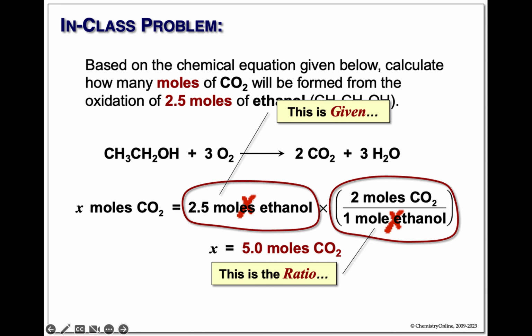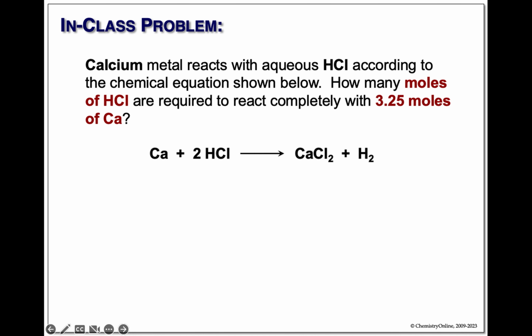Well, let's do another one. Calcium metal reacts with aqueous HCl to give calcium chloride and hydrogen gas. We are looking for HCl and calcium. Now both of these are reactants, but that's fine, it still works.